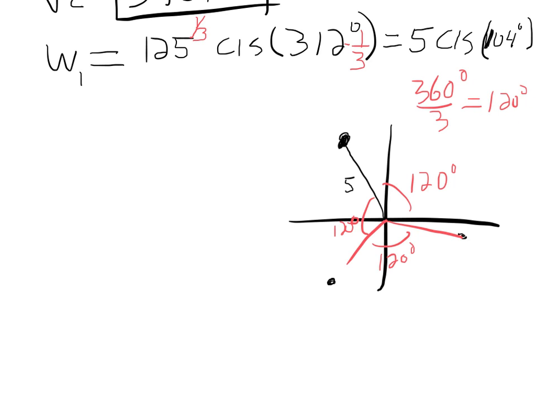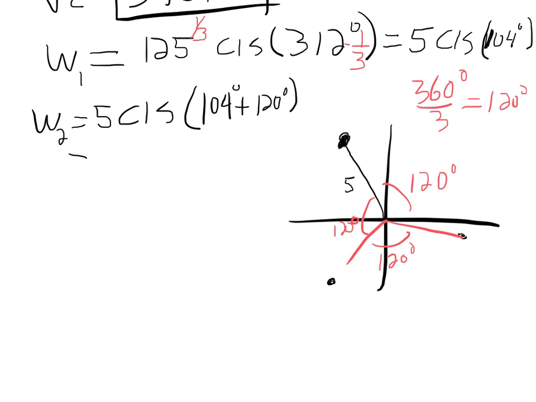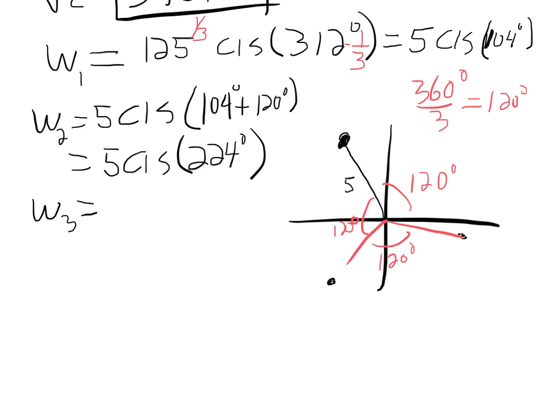So now for our second root, it is 5 CIS, and we have the 104, add 120 degrees to that. So that is 5 CIS of 224 degrees. And w3 will be 120 degrees more than this one. So 5 CIS, add another 120 degrees, and we get 344 degrees.